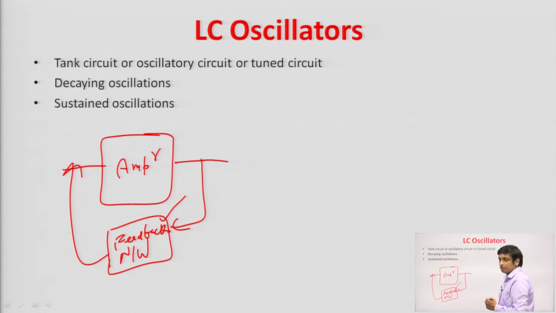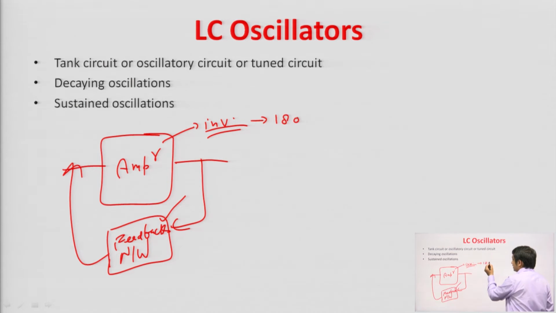For example, if the amplifier is an inverting amplifier, then this amplifier will provide 180 degree phase shift. So, another 180 degree should be provided by the feedback network, as we had seen in the phase shift oscillator. In the phase shift oscillator we had used the inverting amplifier.